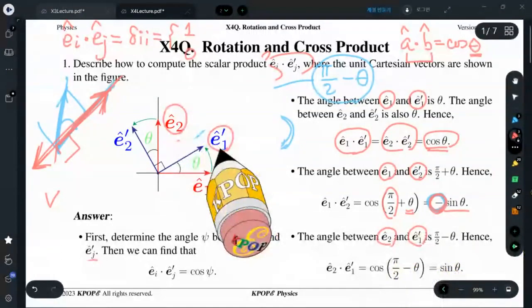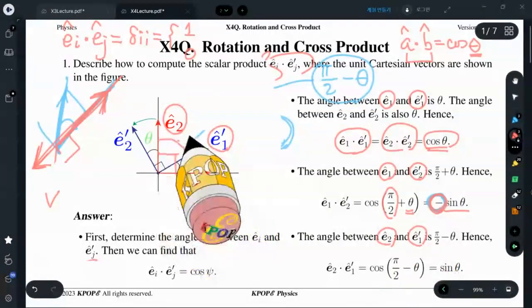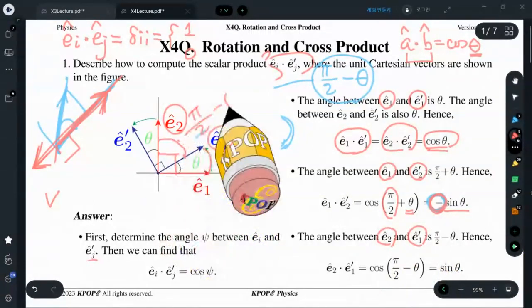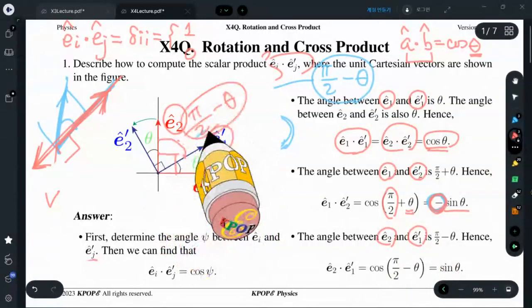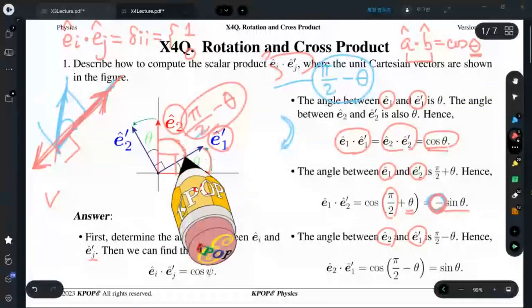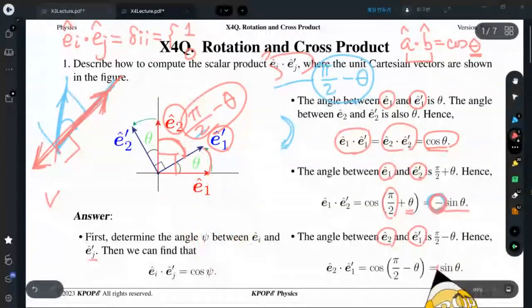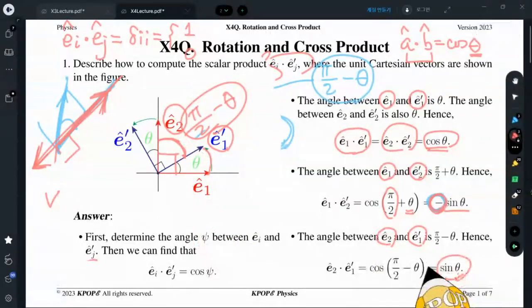This is theta, this is right angle, this is half a pi minus theta. Aha. So in this case, the angle is smaller than half a pi. So I flip cosine with sine, and we do not multiply a negative sign on it. So simply it is a sine.